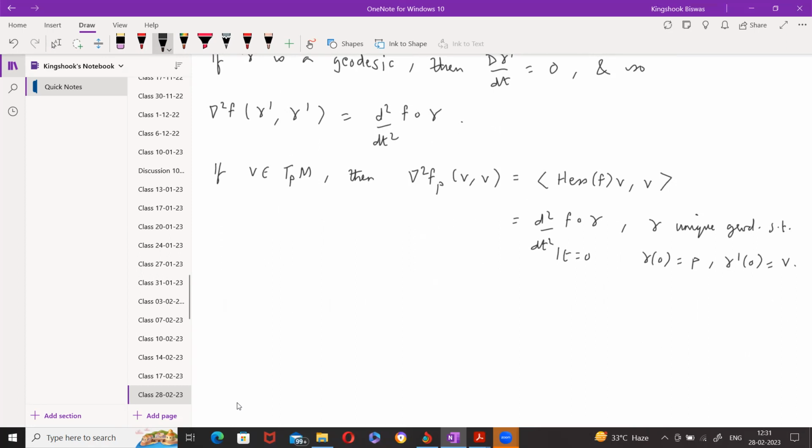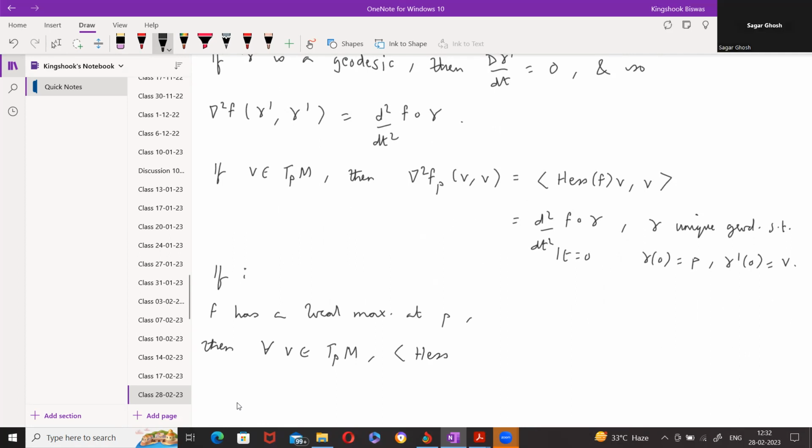So in particular, just like in Rn, if f has a local maximum at p, then for all v in TpM, the inner product of Hessian f v, v, which is d squared dt squared of f composed with gamma at t equal to 0, is going to be less than or equal to 0, by one variable calculus.